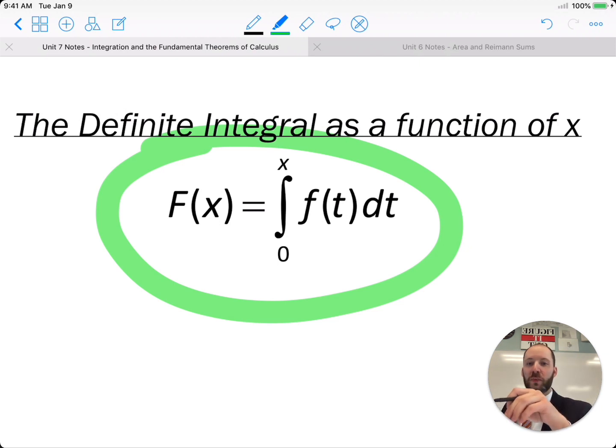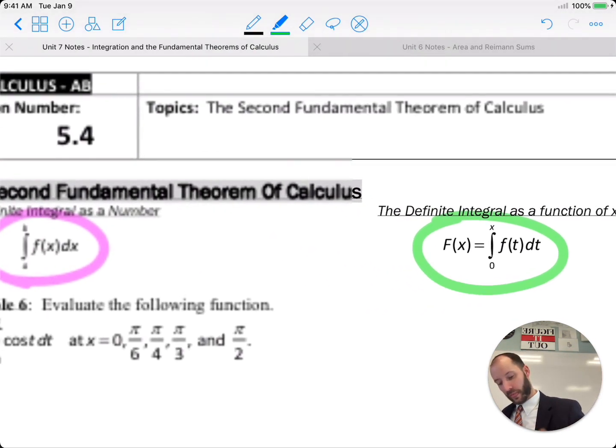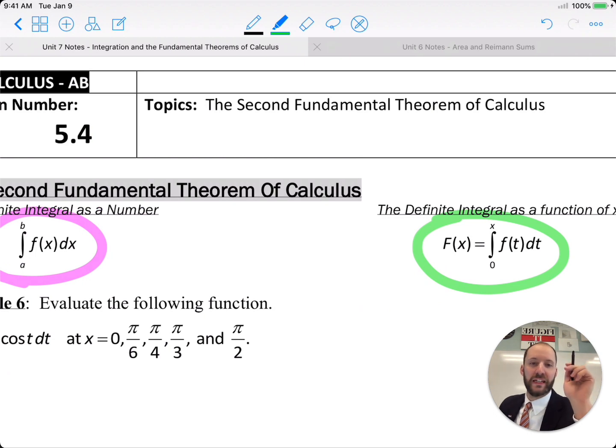The function could be as simple as x, or could be something more complicated like 10x to the third. And that could be your upper, your lower, or both bounds. Also, you'll see in the green highlighted circle, there's f of t dt versus f of x dx, and then in the green, big F of x equals.